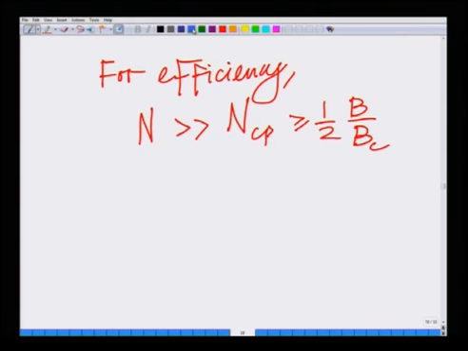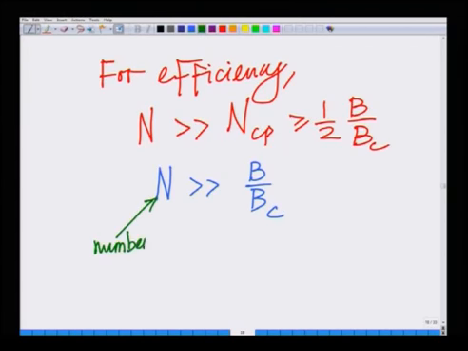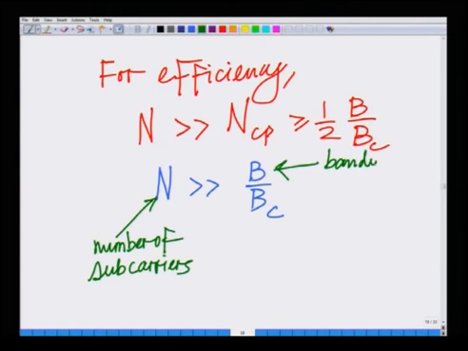Hence, since n is much greater than NCP, which itself is greater than half B over Bc, I will roughly say n has to be much greater than B over Bc, where n is the number of subcarriers, B is the bandwidth of the system, and Bc is the coherence bandwidth.